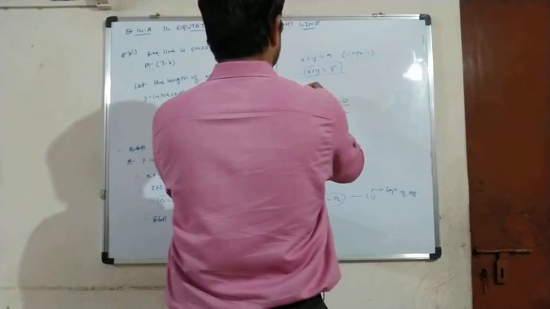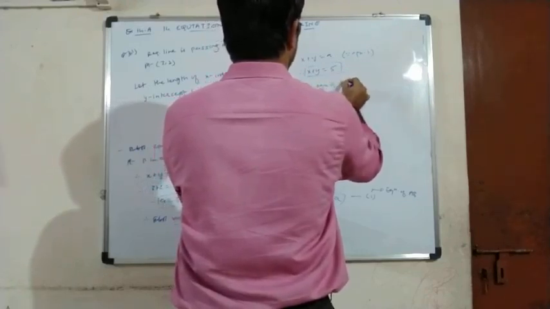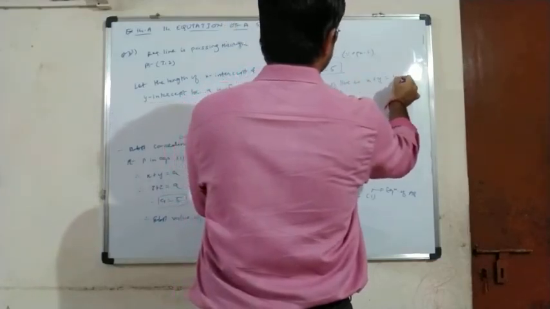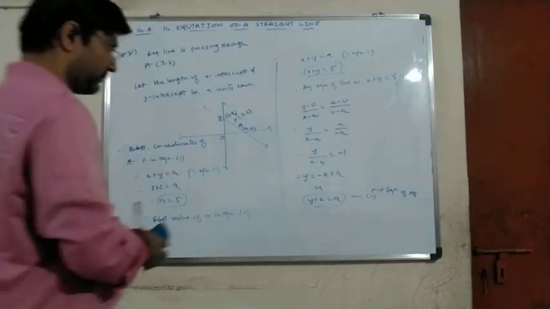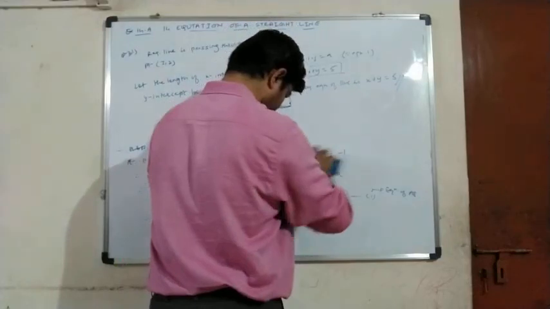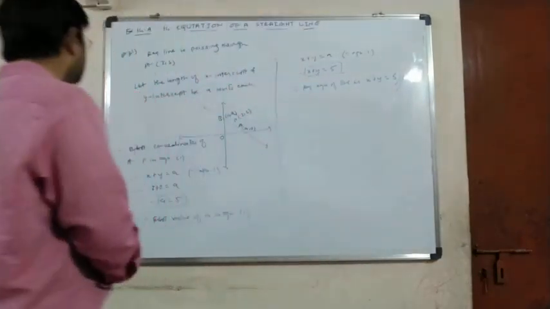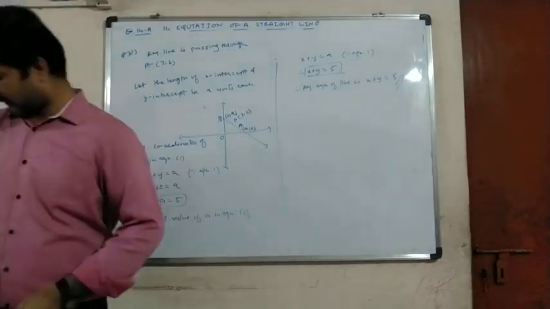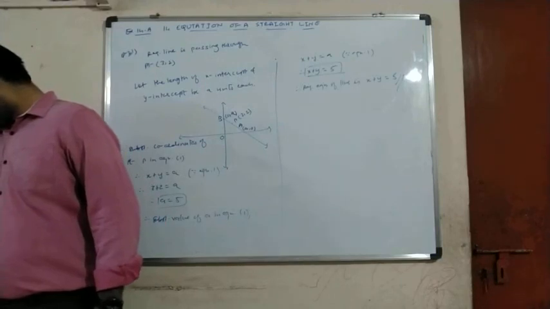So this is the required equation. Therefore the required equation of the line is x plus y is equal to 5. Clear? So this is the final answer. I hope you understood this question too. Okay, so far we could solve today 18, 19, 20 and 21.